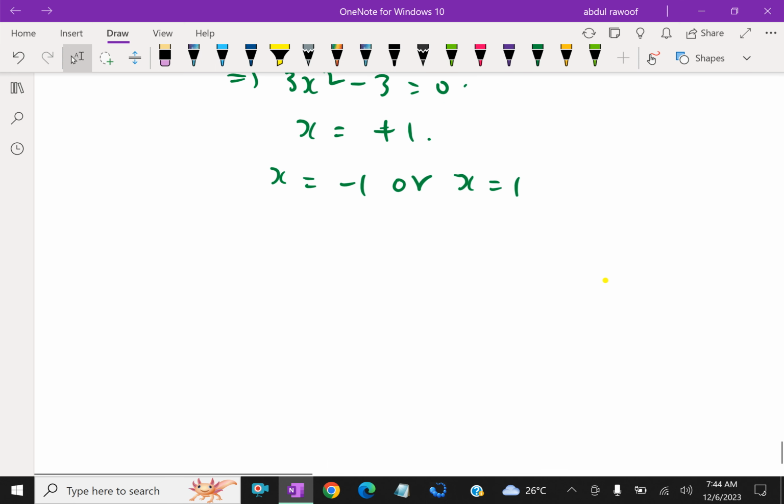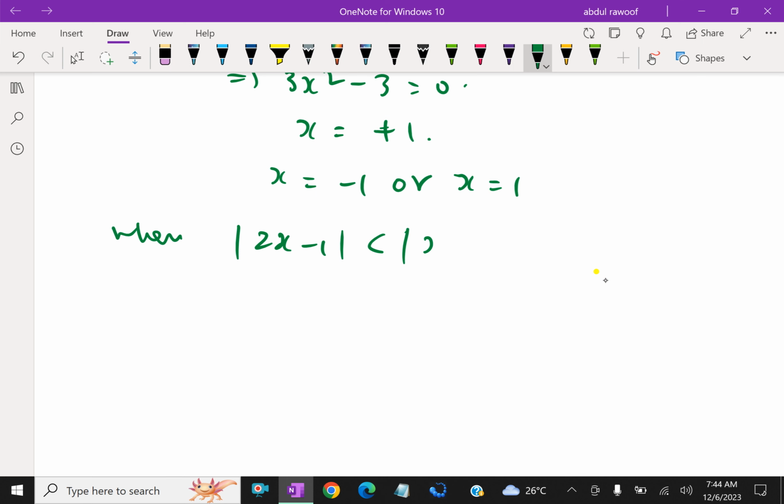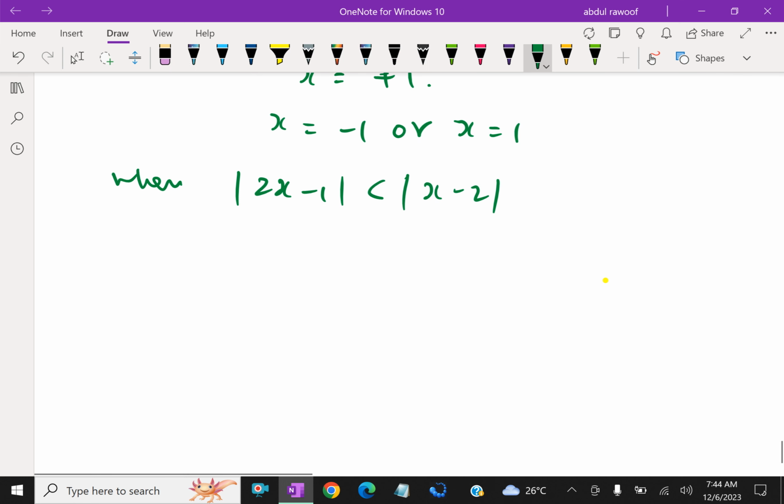Now, when absolute value of 2x minus 1 is lesser than or equal to absolute value of x minus 2, the solution of the inequality is minus 1 to plus 1.